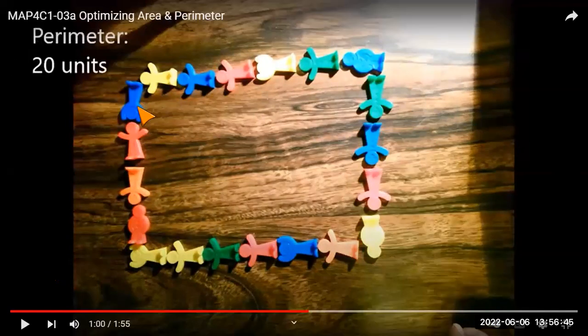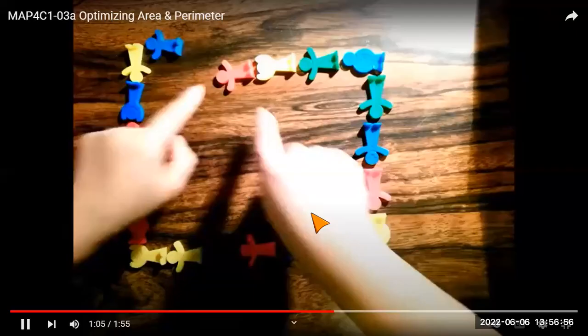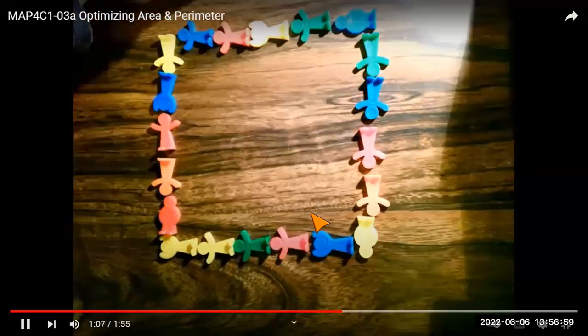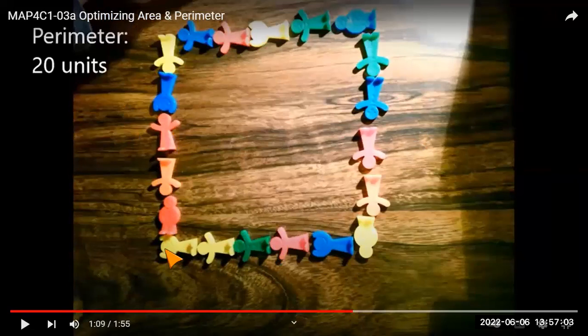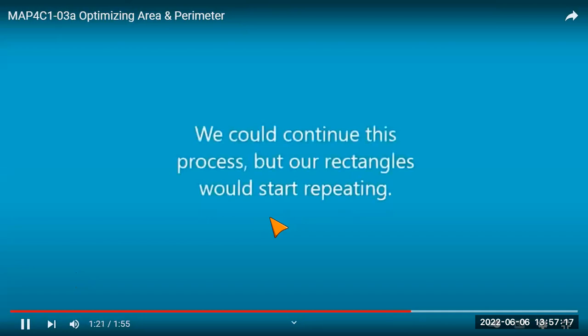The next one, we have 4 as our width and 6 as the length. That gives us 24 square units. Okay, 20 units, we have 5 for the length, 5 for the width. This gives us a total area of 25 square units.